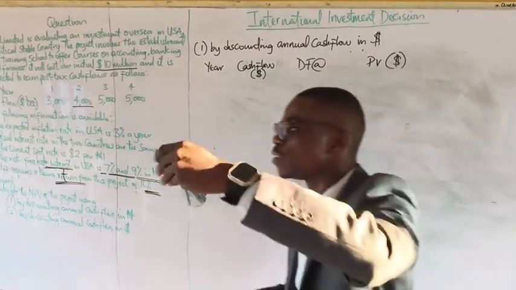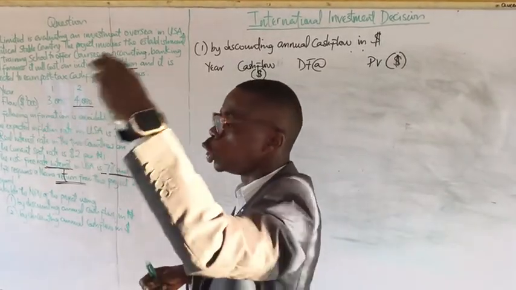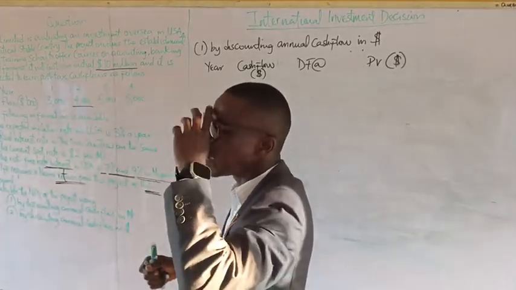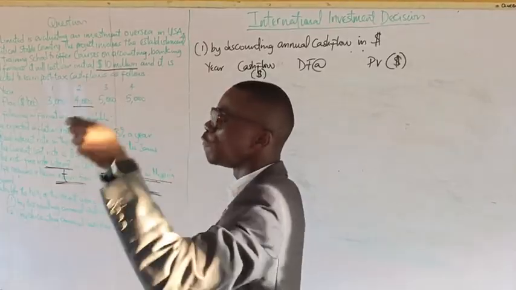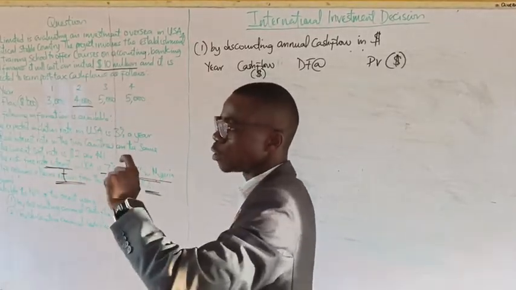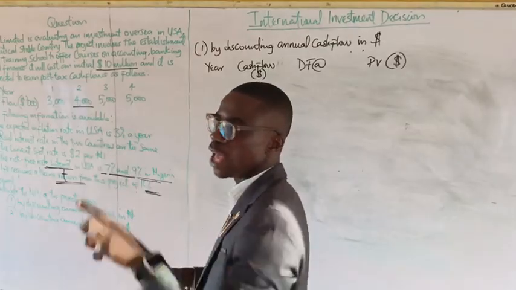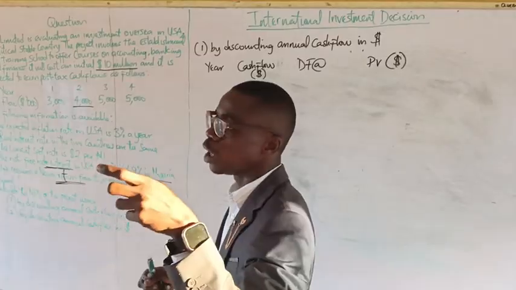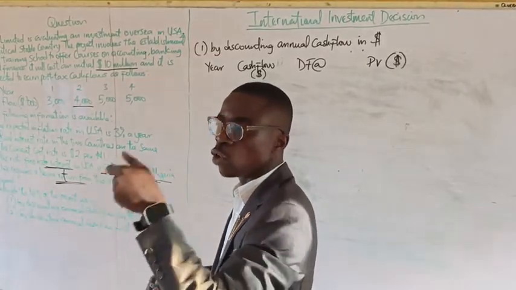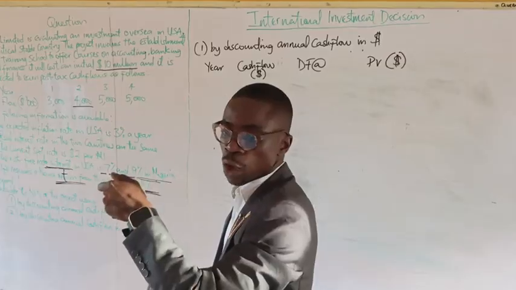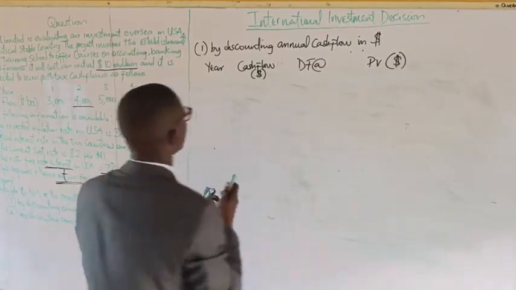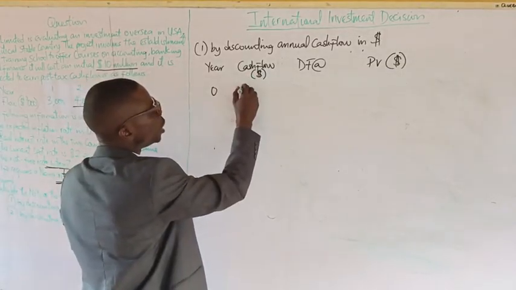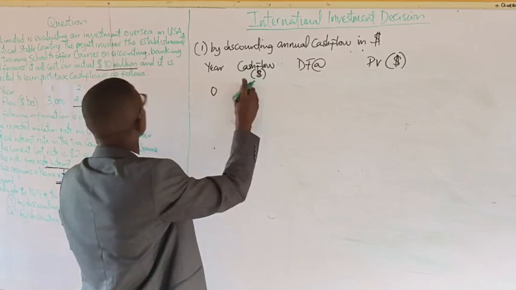We say discount the foreign cash flow using the foreign discounting rate, am I correct? And translate the cash flow into the domestic currency using the spot rate. So year zero, what is the cash flow in the foreign currency? That's 10 million.